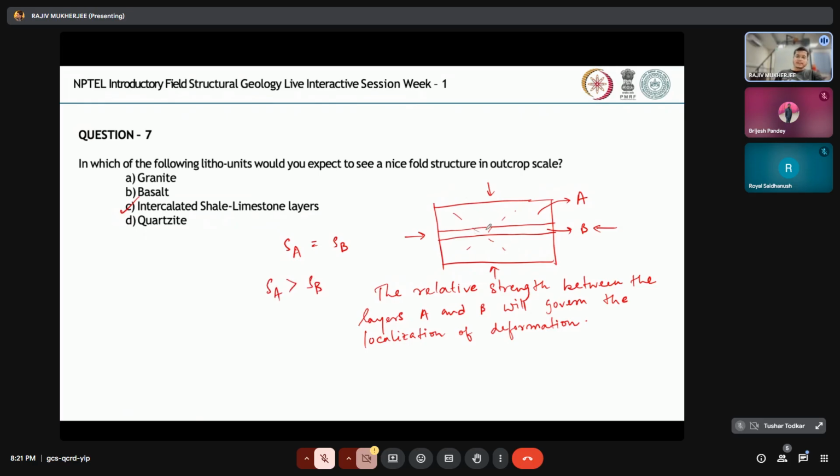if you compress this, right, then there will be, and that means not just higher, it can also be lower.